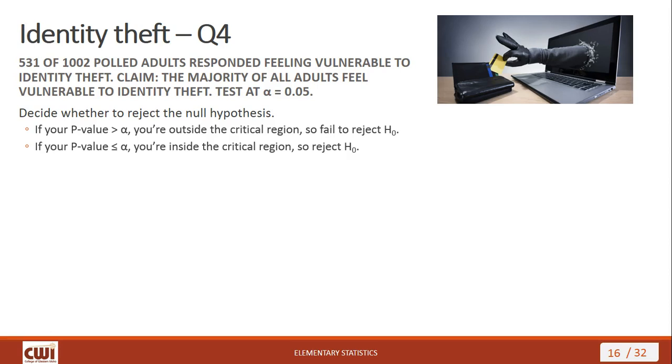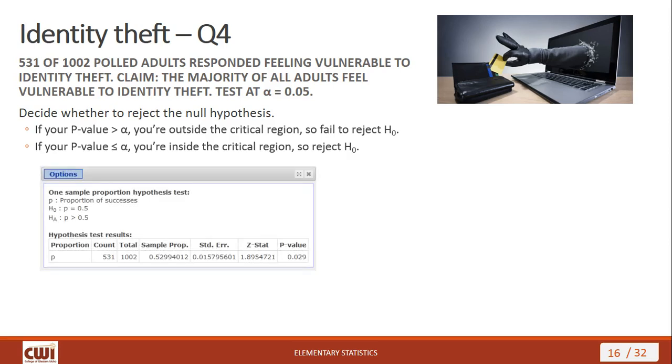We have an area that's larger than our critical region, so it can't fit inside the critical region, which means we're outside the critical region, and so we fail to reject H0. However, if our p-value is less than or equal to alpha, we can fit the area for the p-value inside the critical region. Therefore, because we're inside the critical region, we reject H0.